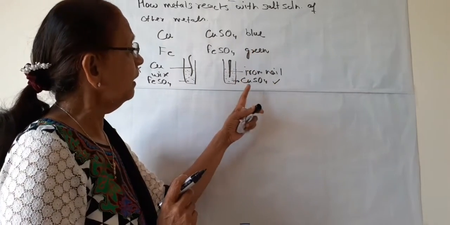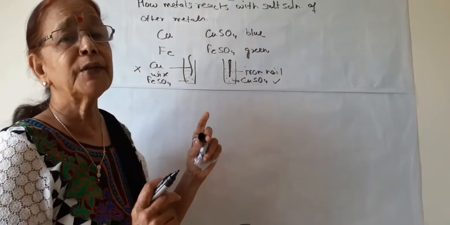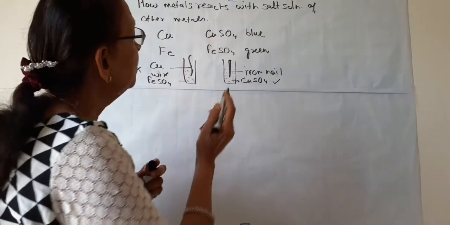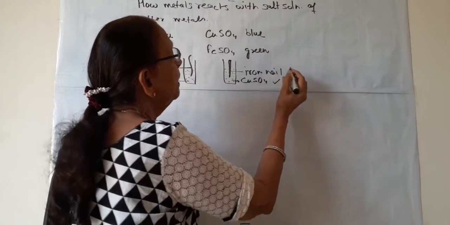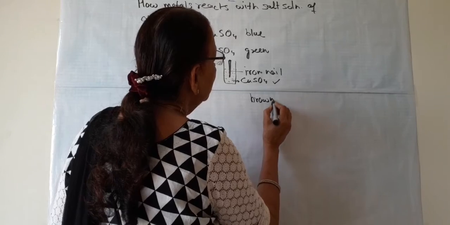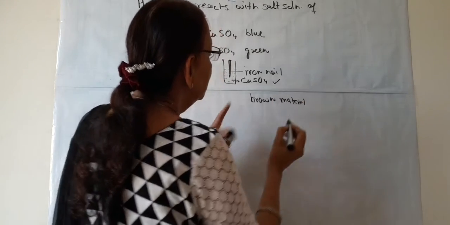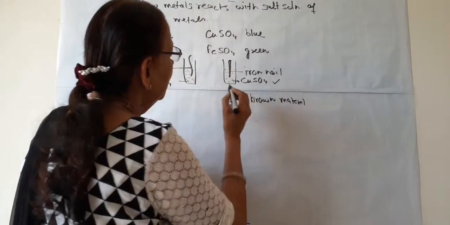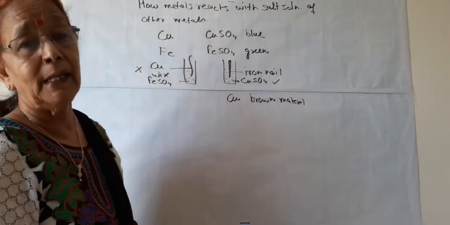Otherwise it is blue color. After half an hour, this blue color fades to light blue. And one more change we notice is that this iron nail is now covered by a brown material. Red brown color, brown substance is on this iron nail. And what is this substance? It is the deposition of copper metal on the iron nail.